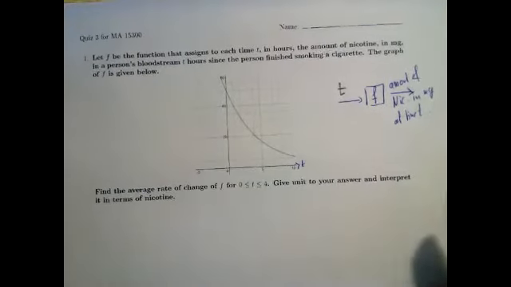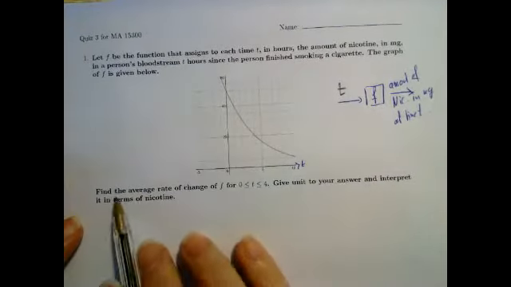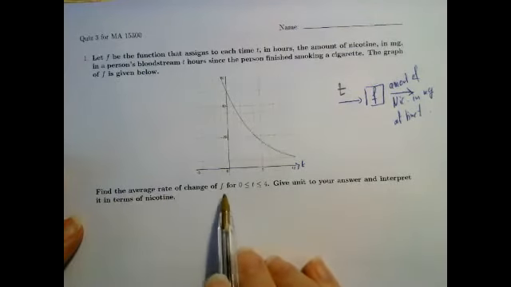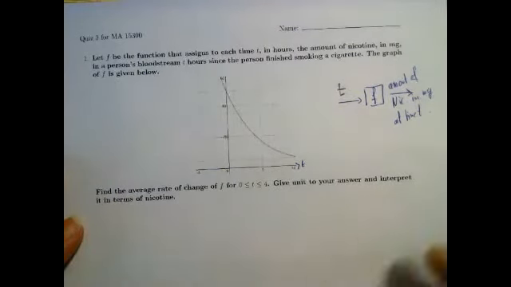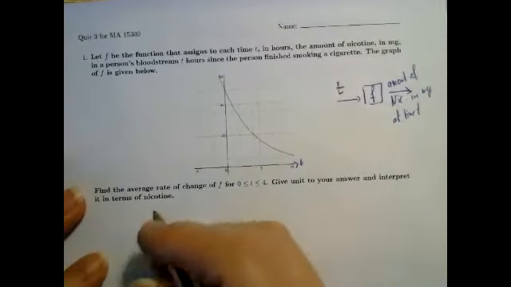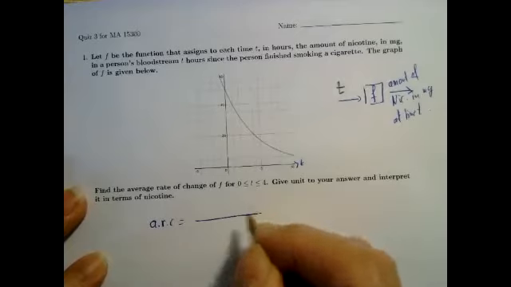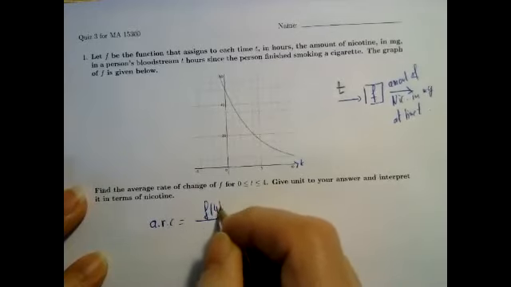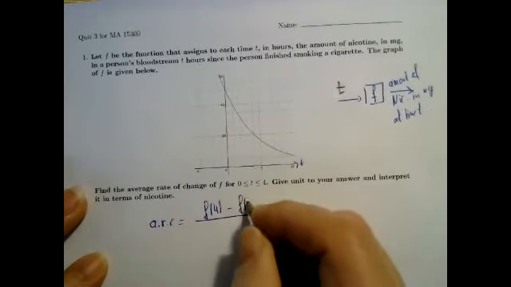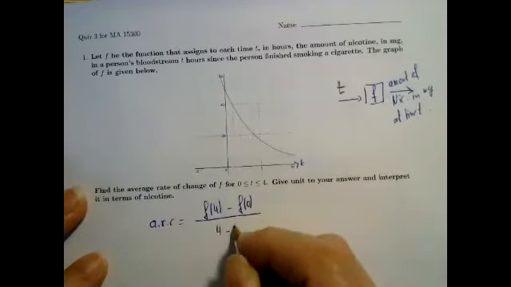So my first question was the following. Find the average rate of change of f for t between 0 and 4. So the average rate of change is the output at 4, minus the output at 0, over 4 minus 0. We use first the formula verbatim, and then we try to understand it.